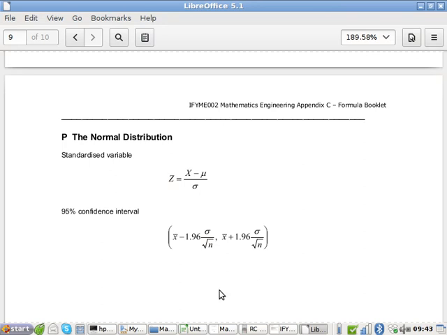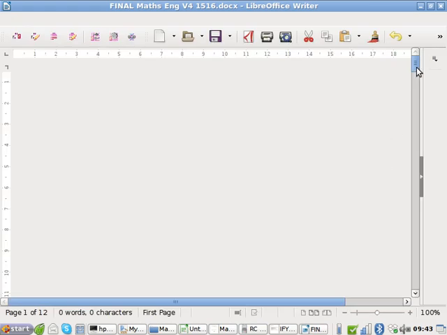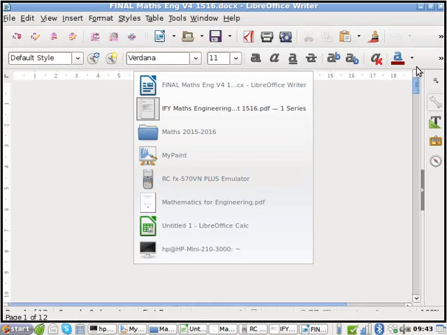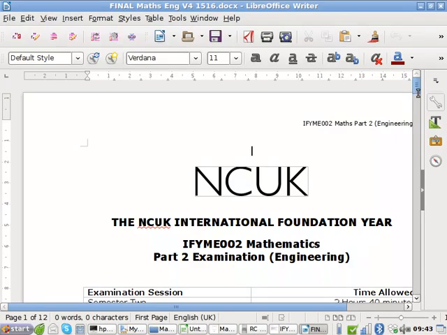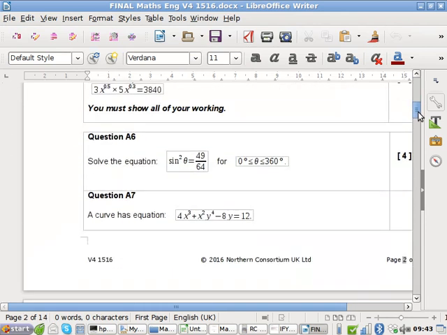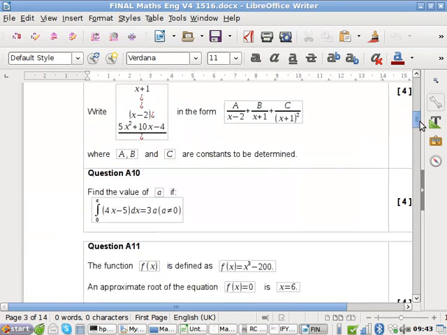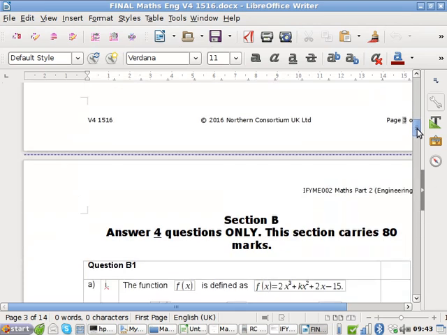Okay, here we go. Newton Raphson again. This one is only below 1477. Oh, you know what?